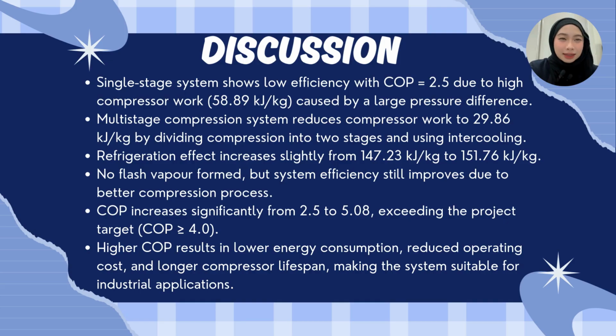By using a multi-stage compression system with intercooling, the compression is divided into two stages, reducing compressor work to 29.86 kJ per kilogram and slightly increasing the refrigeration effect from 147.23 kJ per kilogram to 151.76 kJ per kilogram. Although flash vapor is found, the system efficiency improved due to the better compression process.